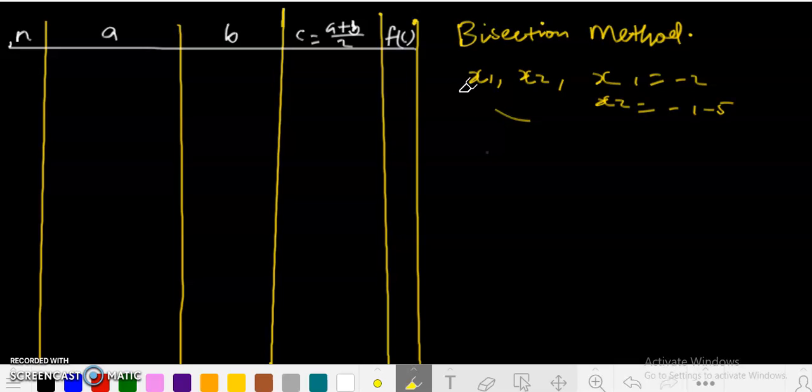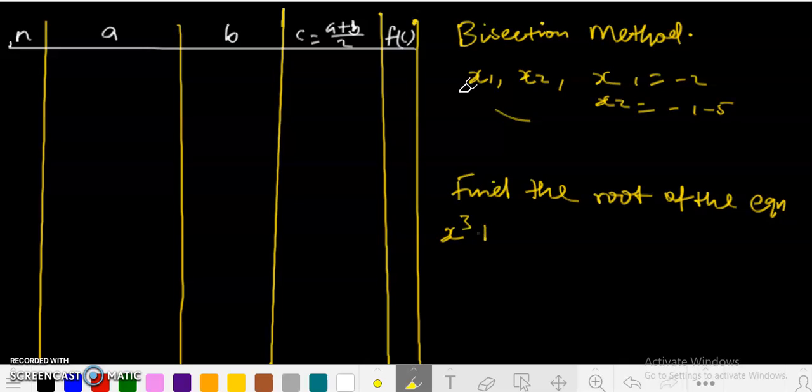Let us take, for example, that the question is to find the root of the equation x cubed plus 6x minus 3. Of course, you can equate it to 0.